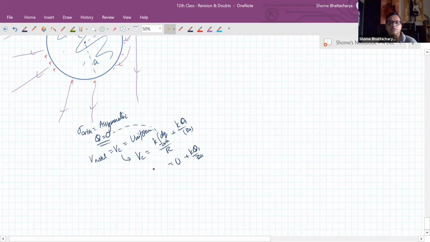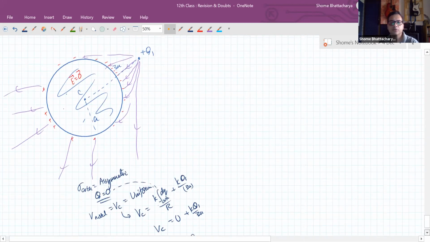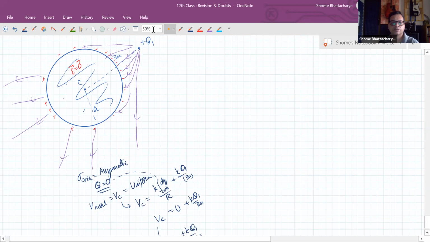So the potential of the center is equal to the potential of the metal in this case. Okay. So the potential of the metallic object is plus kq1 divided by 3a as a result of this distribution of charge. Every point has the same potential inside the conductor.